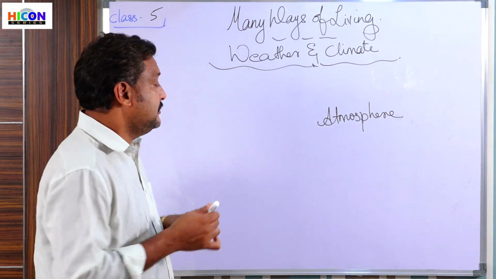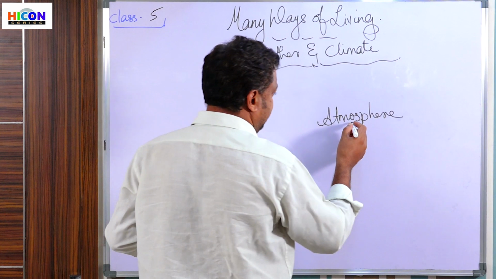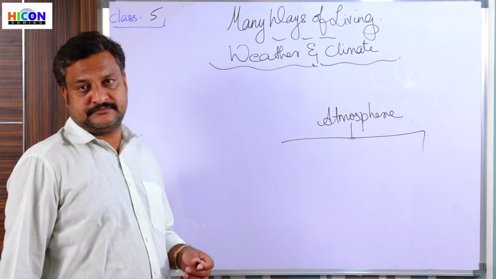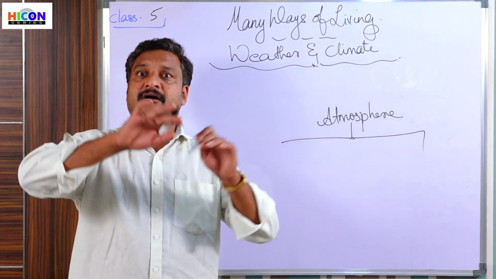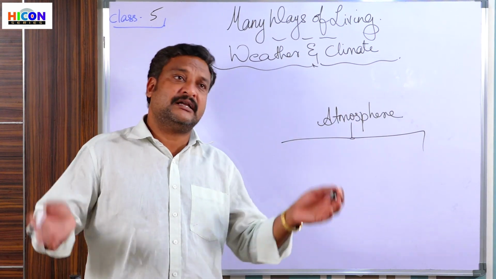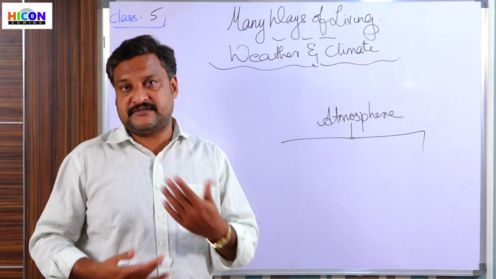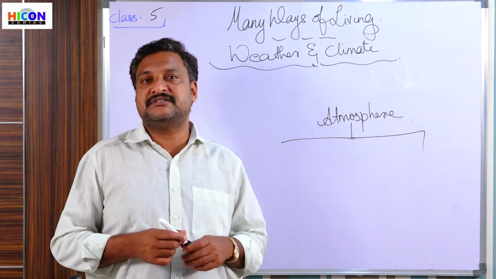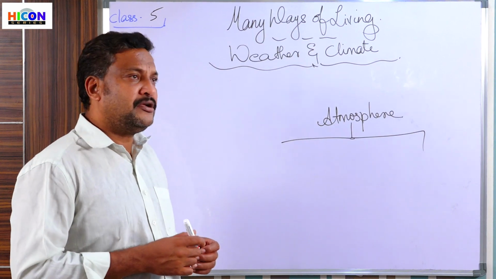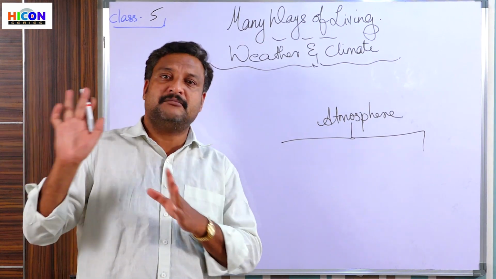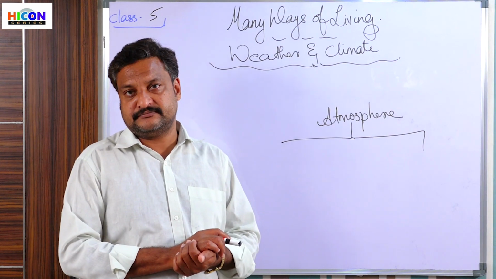Okay, and there are some kinds of changes that are happening in this atmosphere. So this layer of air around the Earth undergoes some kinds of changes, and some are for a short time, and some are for a long time.